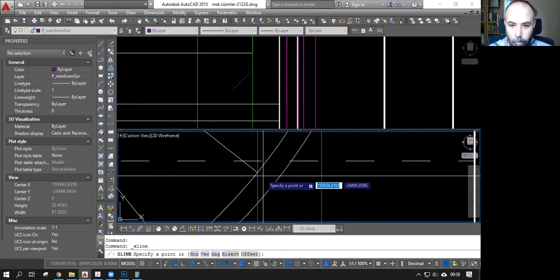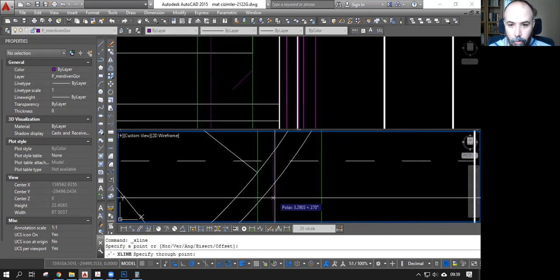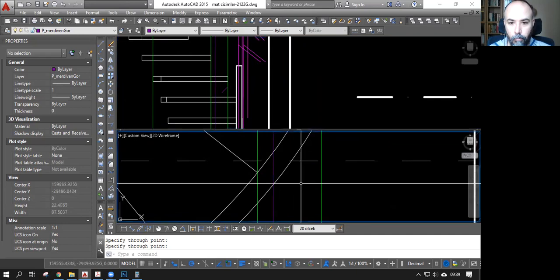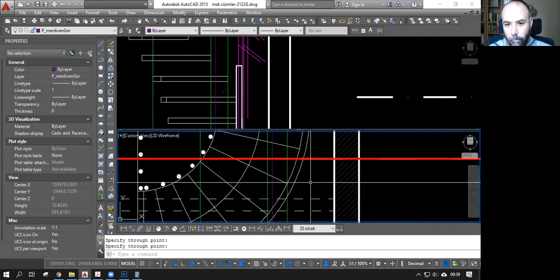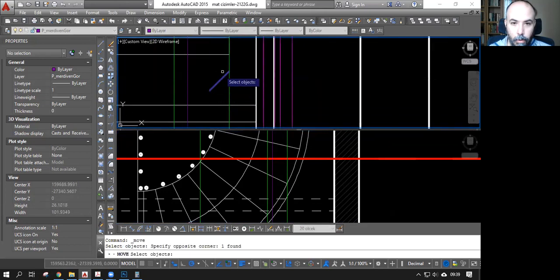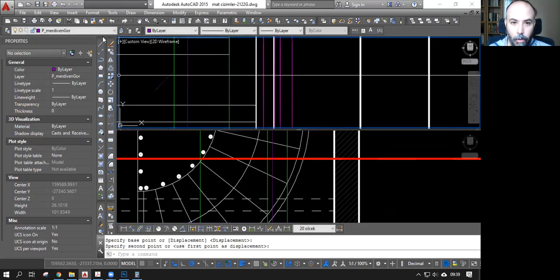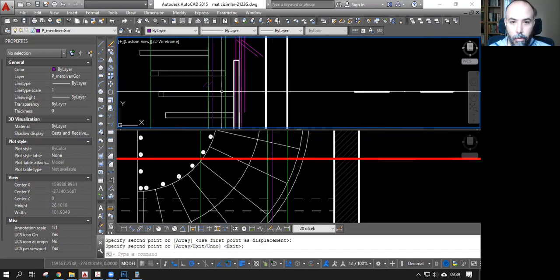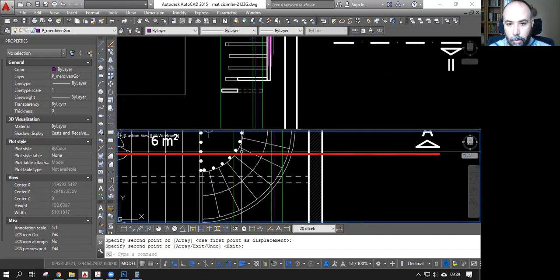And for the thickness of the handrail, I can use this one. Oh, yeah, that's the wrong one. So I'm going to move this line here, and I will copy it one more time. That's the thickness of the handrail. So this is the fifth step.